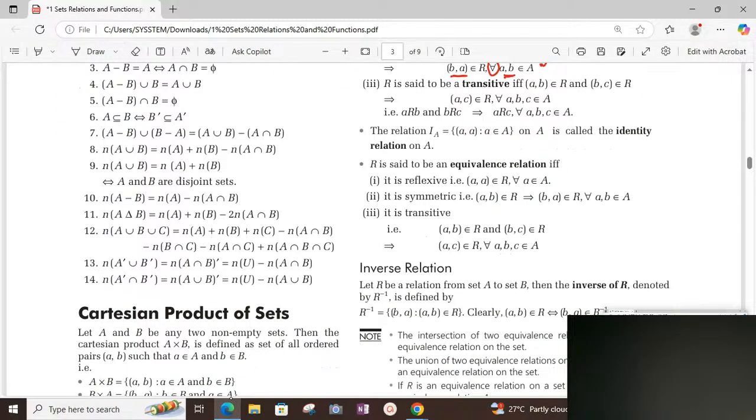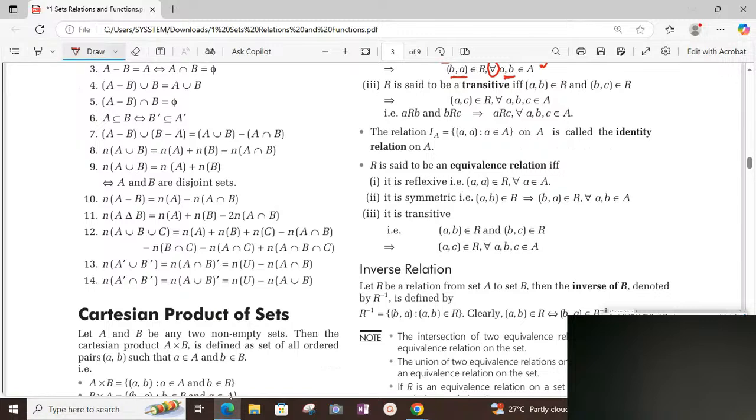Let's see the transitive relation. R is said to be transitive if (a, b) is an element of R and (b, c) is an element of R, then (a, c) will be an element of R for all a, b, c. So a is related to b, b is related to c.